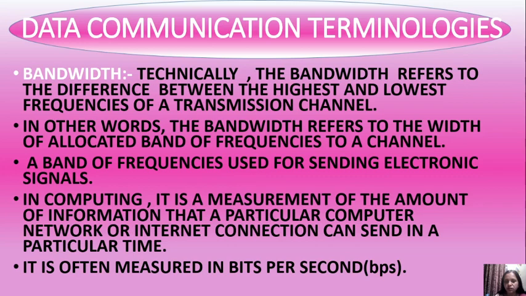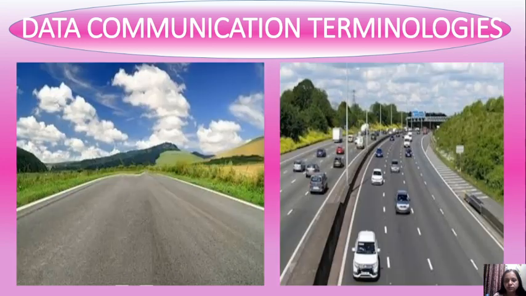So we will see what its actual meaning is with an image. Here you can see two images, a left side image and a right side image. On the left side there is a road, and on the right side you can see vehicles or cars on that road.